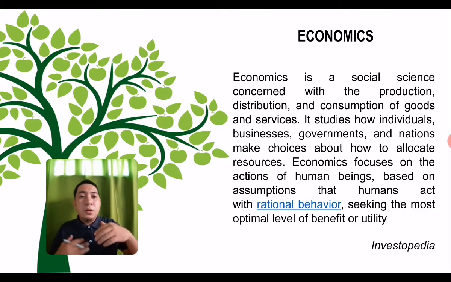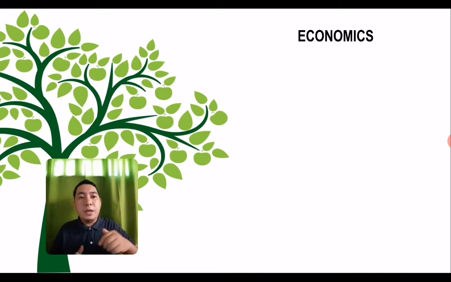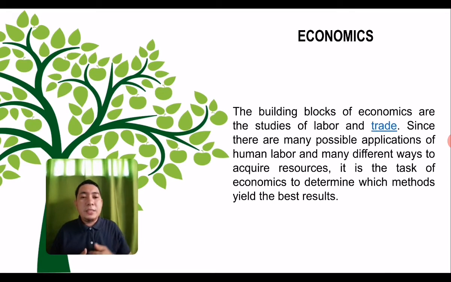So how do you relate economics with trade or commerce? This is in the next slide. The building blocks of economics are the studies of labor and trade. Let us go back to your economics subject first. There are different factors of production. And what are those factors of production?